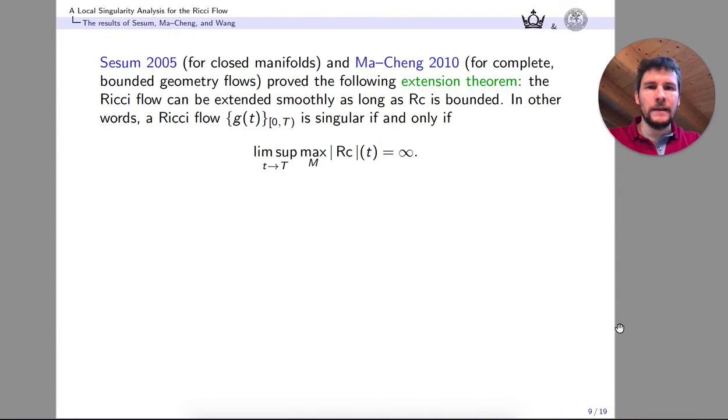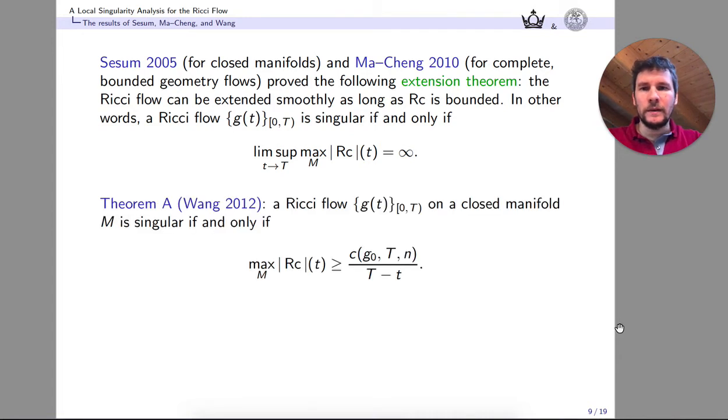This result was later extended to complete bounded geometry flows by Ma and Cheng, and further extended by Bing Wang in 2012 to say that actually we have a singularity on a closed manifold at least, if and only if the Ricci curvature blows up, or the maximum of the Ricci curvature blows up. Again at this kind of type 1 rate, so we have a lower type 1 bound for the maximum of the blow up of the Ricci. Okay.